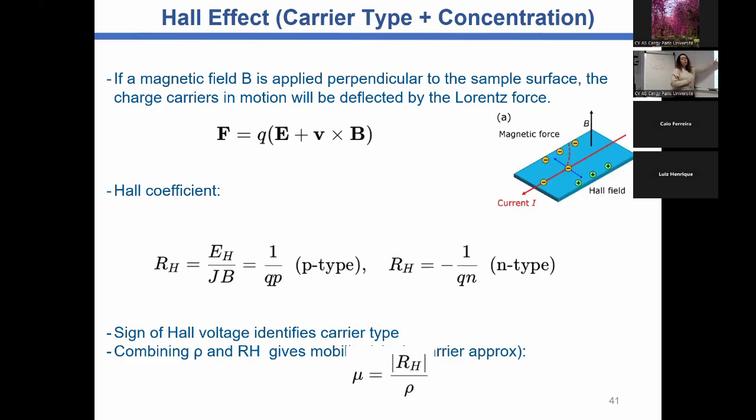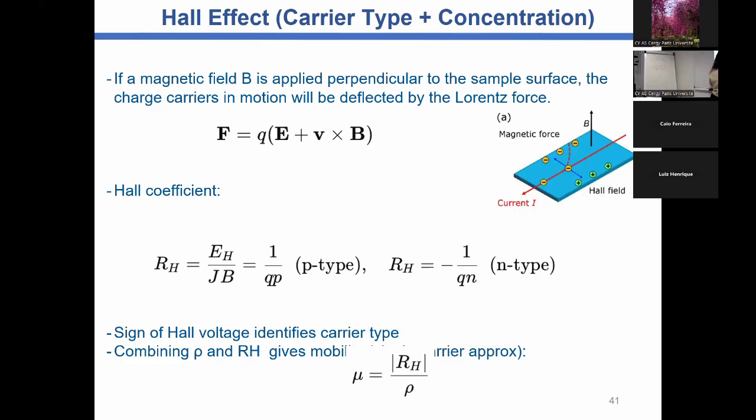But when we apply a magnetic field to this material, we are also inducing charge reorganization during the measurement. Depending on the magnetic polarization, we also have movement of the charge because of the Lorentz force.